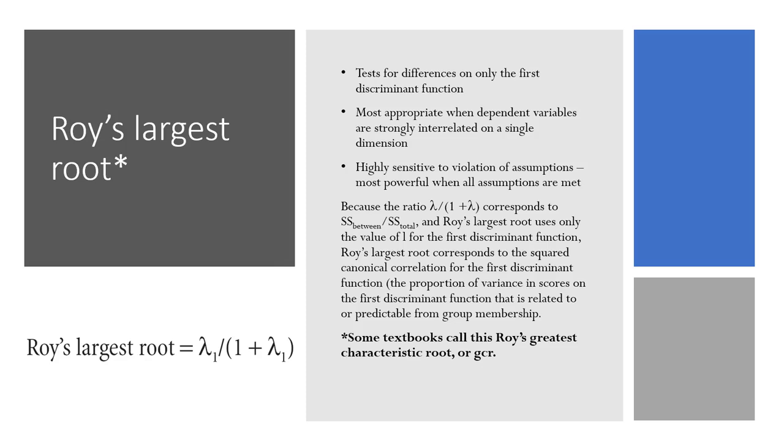Roy's largest root is the eigenvalue divided by 1 plus the eigenvalue, and it's looking at the ratio of the sum of squares between divided by the sum of squares total. Roy's largest root uses only the value for the first discriminant function. So Roy's largest root corresponds to the squared canonical correlation for the first discriminant function. So instead of looking at all of them, Roy looks at the first function. And that's probably the biggest difference among your four different analyses to look at for your variance among your variables.